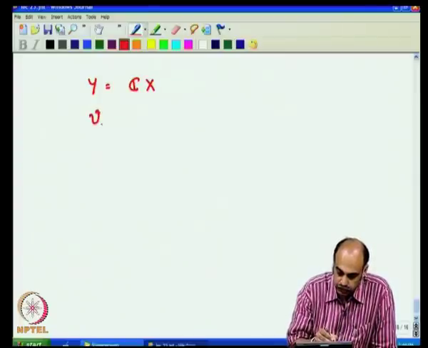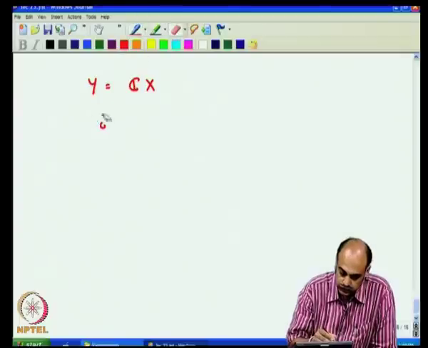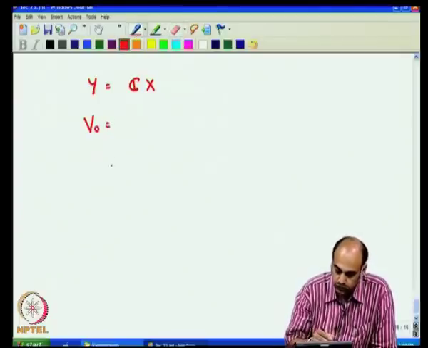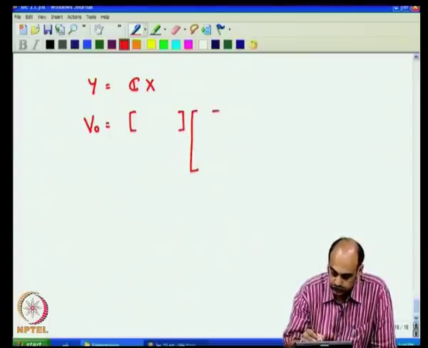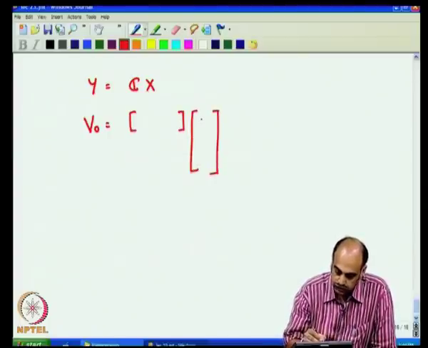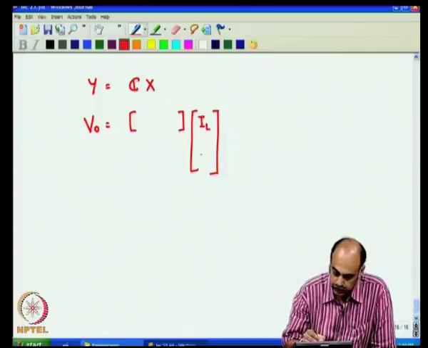An example would be V naught. Let us say V naught is equal to x, in our case was I L and V naught.